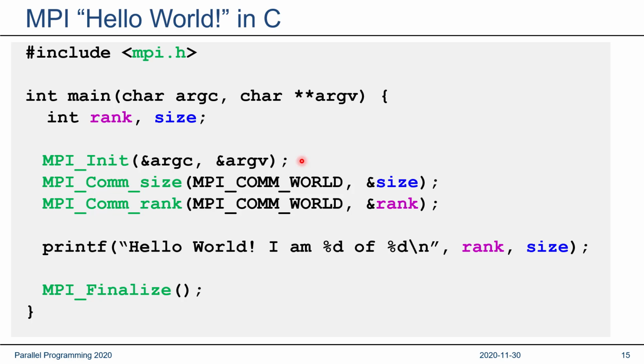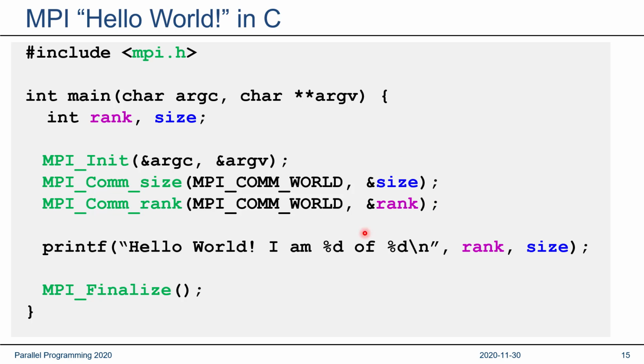The first thing we do after the declaration of variables is the call to MPI_Init, and we supply the address of argc and the address of argv to give the implementation an opportunity to modify the command line. After that, we obtain the size of the communicator, so the number of processes, and the rank of the current process. Remember, an MPI program is a bunch of running processes. All have different process IDs, all have different ranks.